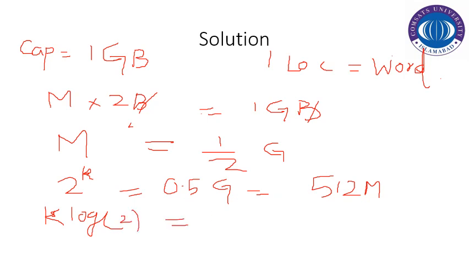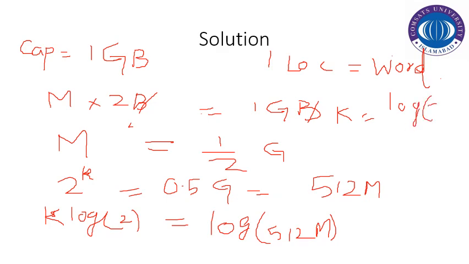So it's k log 2 that is equal to log 0.5 giga or 512 mega. Mega equals 10 to the power 6, and here k is equal to log 512 mega divided by log 2.